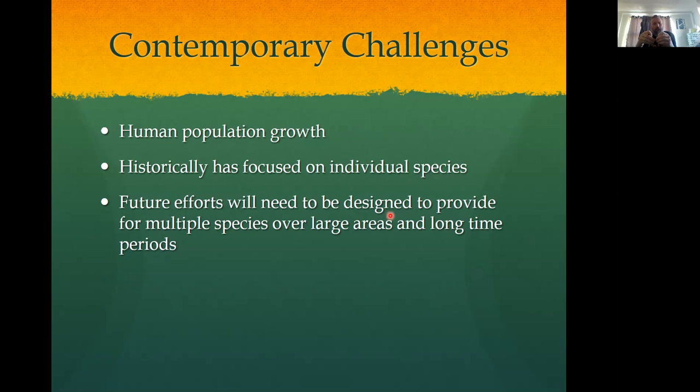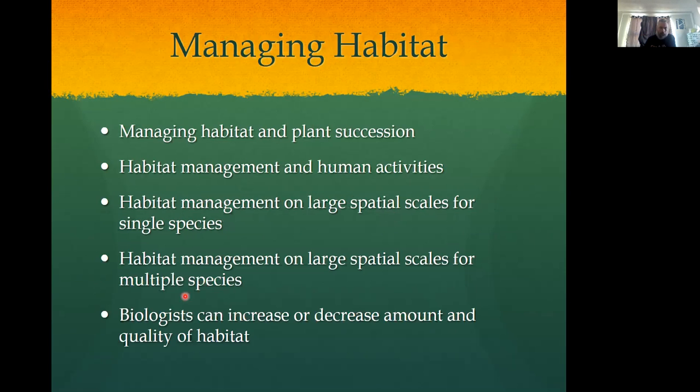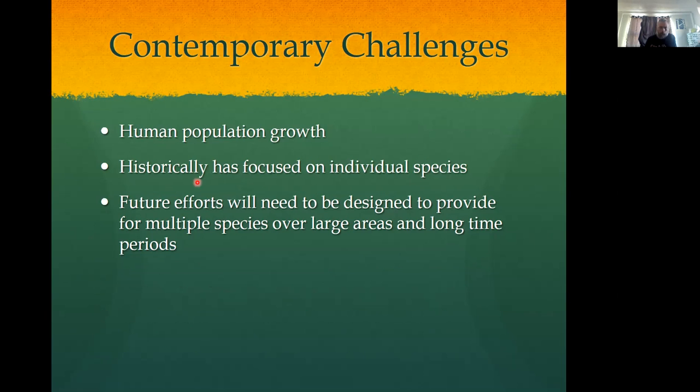The other big change that's going to be moving forward to you kind of goes back to this pairing up here, right? Prior to 20 years ago, maybe even more than that, and more recent than that, people haven't cared about multiple species, right? You've managed for deer, you've managed for grouse, you've managed for turkey.